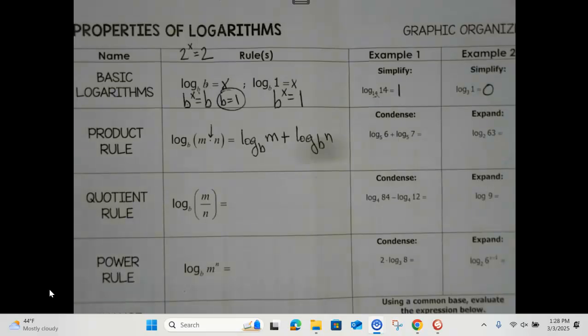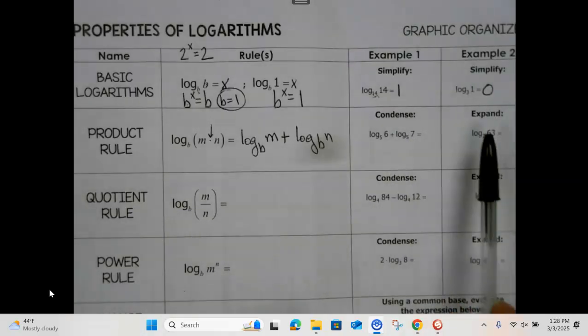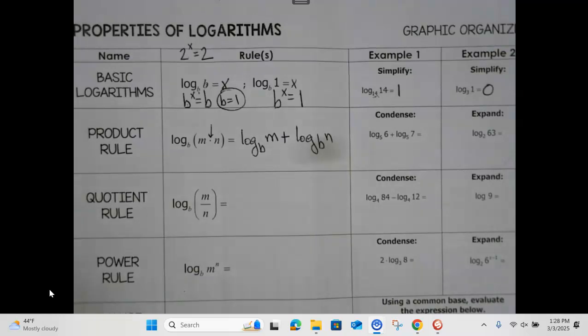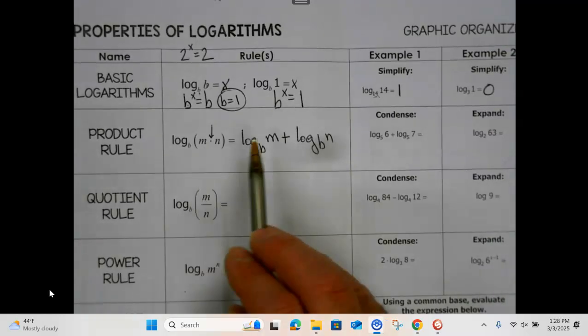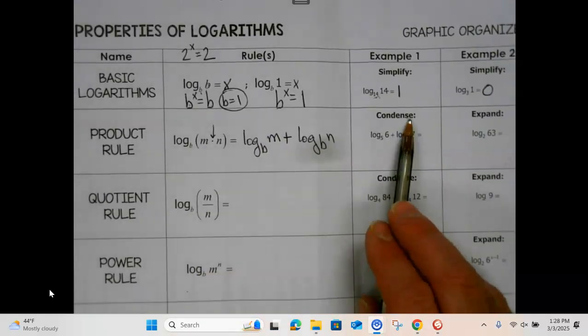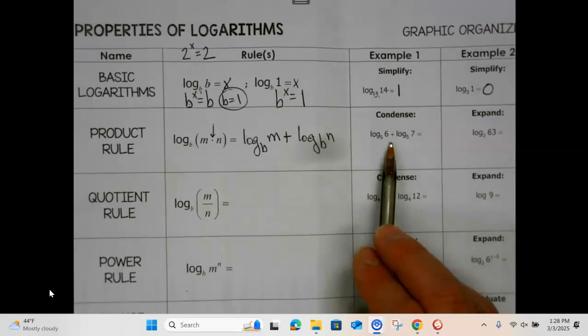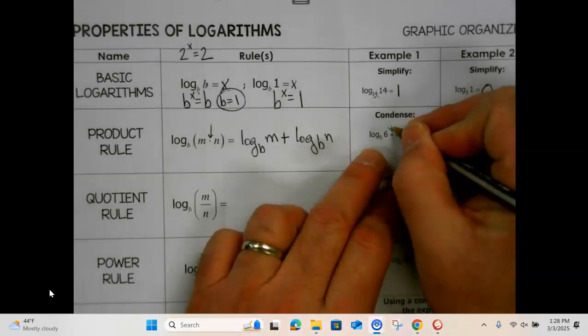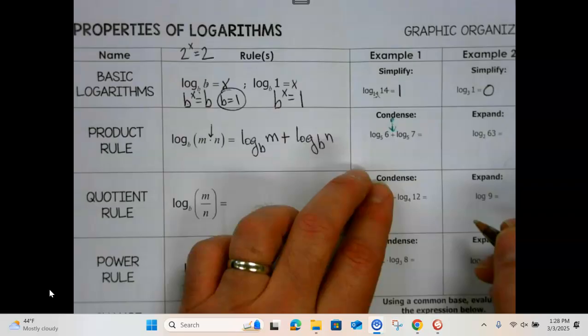So, here's the thing though. Depending on which thing we're doing, it depends on which direction we go. So for instance, multiply to add to multiply. If I'm being asked to condense or smash this down, and it's plus in the middle, that's going to become times.